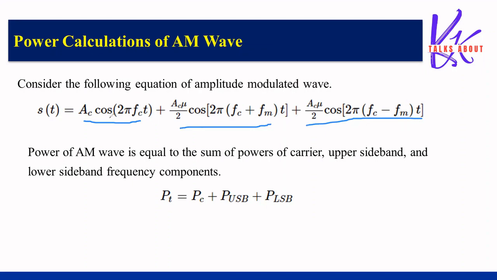So the total power utilized by your amplitude modulated wave is the sum of the power consumed by your carrier, the power utilized by your upper sideband and the power utilized by your lower sideband. Now, let us do the mathematical analysis.